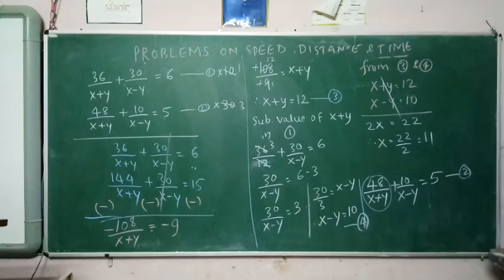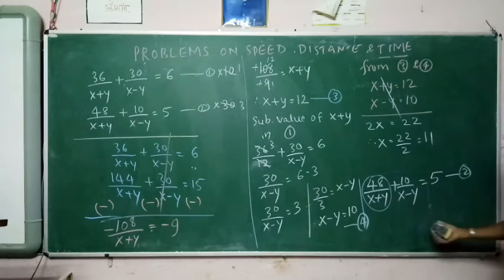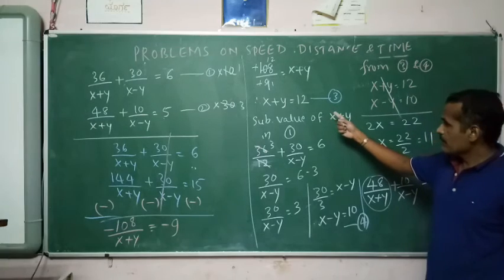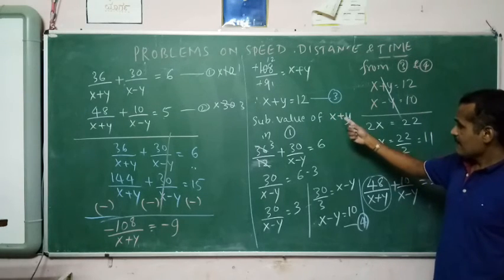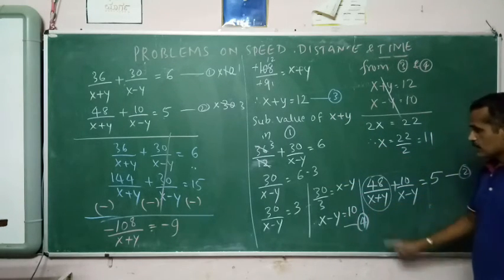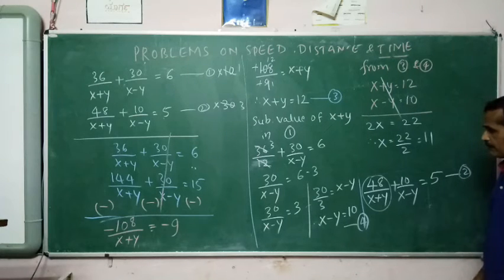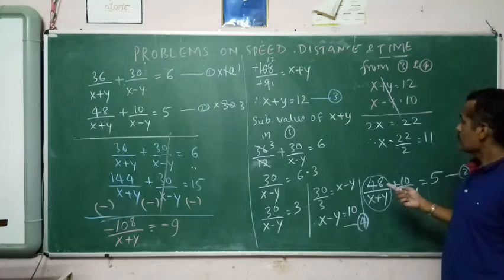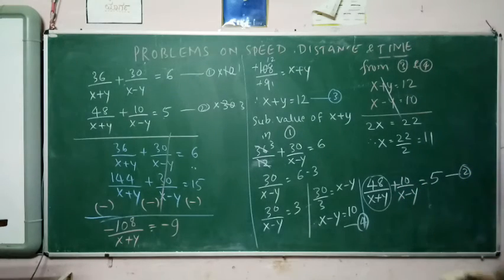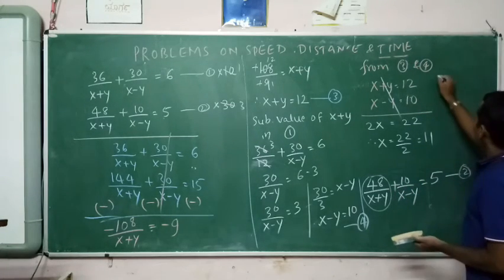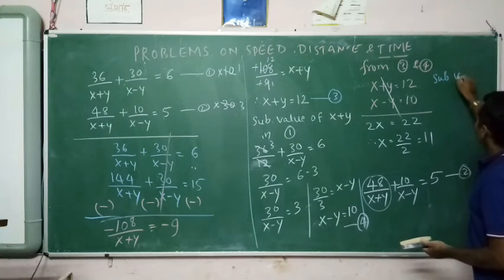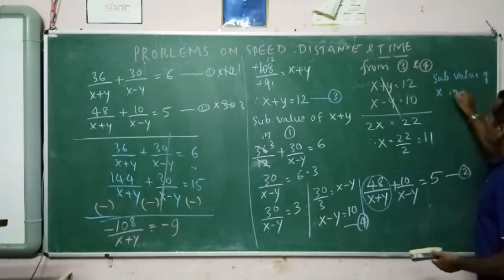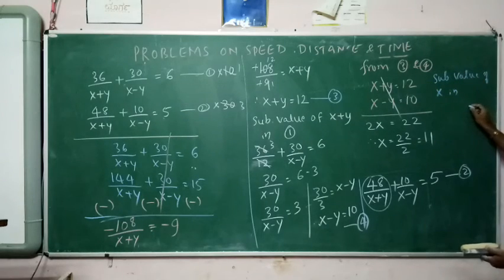Answer is 11. Anywhere any mistake? It is x minus y is equal to 10. Okay, let me see. Then substitute the value of x in any one of the equations.